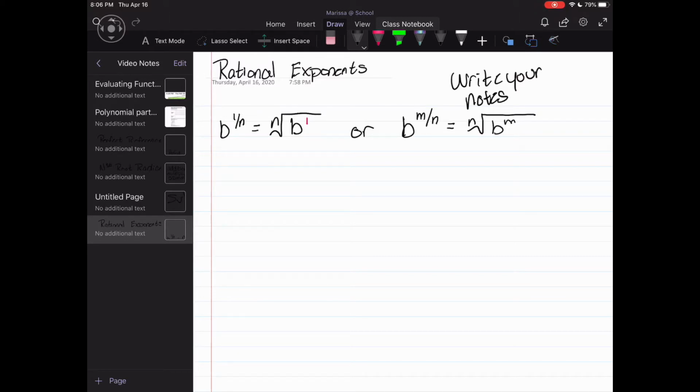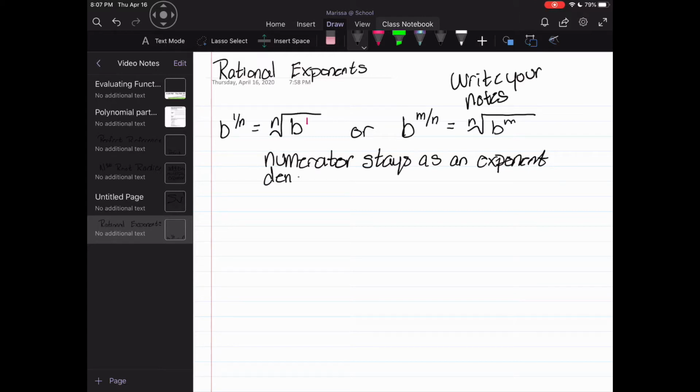So basically the m, or the numerator, stays as the exponent, and the denominator becomes the root.